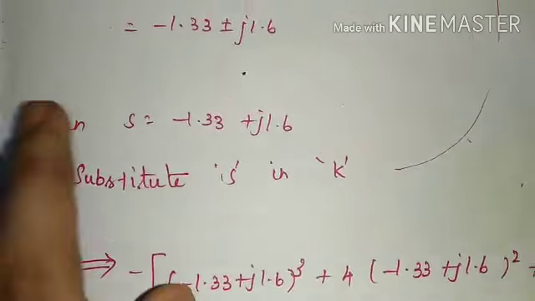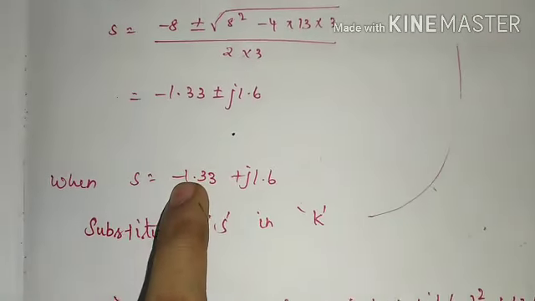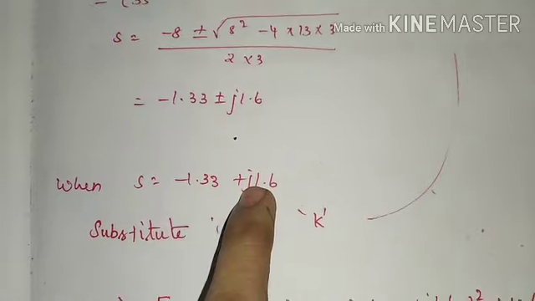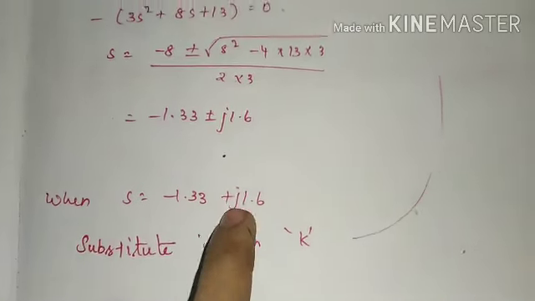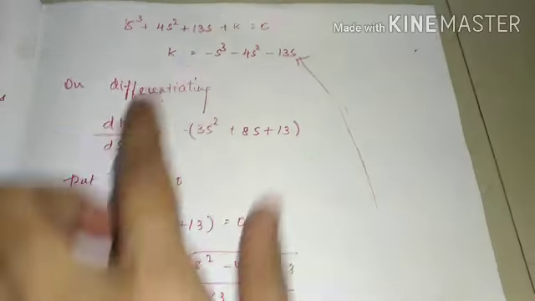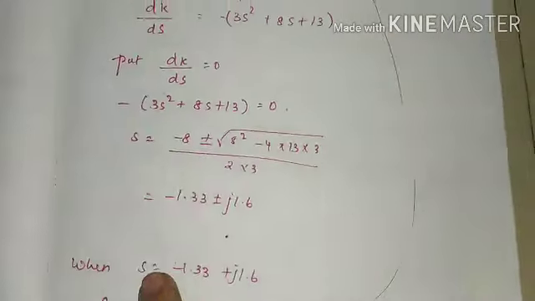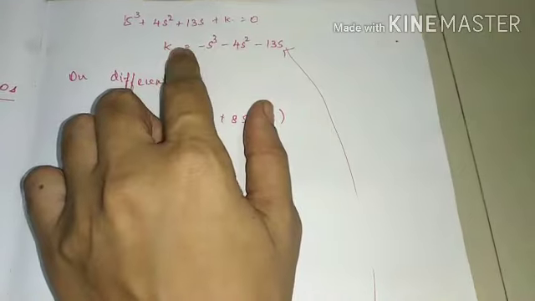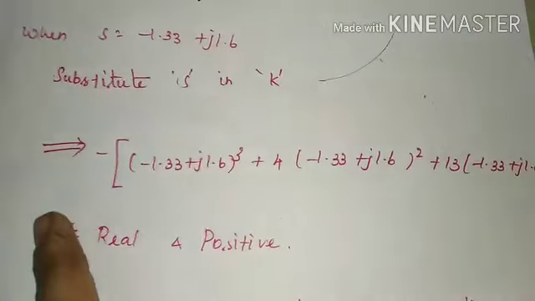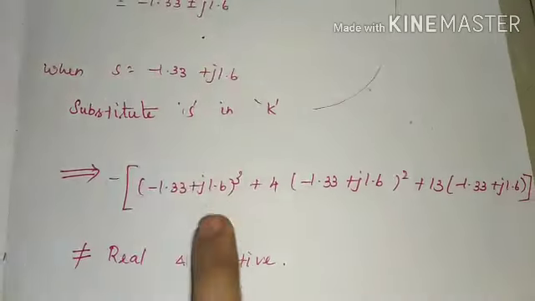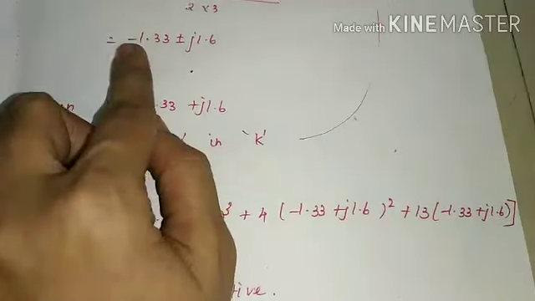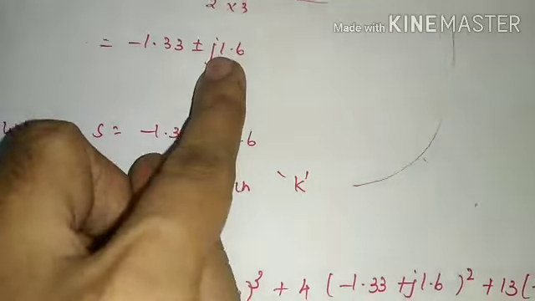See here, when s is equal to minus 1.33 plus j1.6, I have substituted this value of s in the expression of k. First I have selected minus 1.33 plus j1.6.